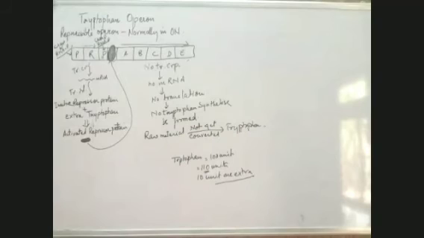So the repressor protein which is activated goes and binds with the O site, and because of that the RNA polymerase cannot slide over the structural gene. So no transcription, no translation, no synthesis of tryptophan synthetase, and no formation of tryptophan. Now what is this condition?